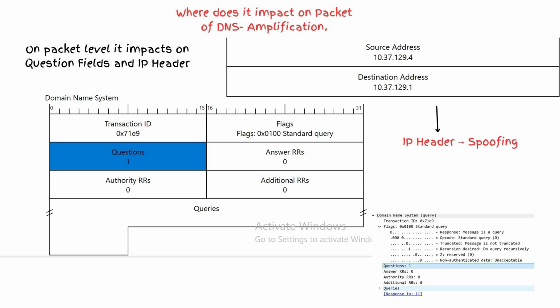So by doing this, with hundreds of thousands of misconfigured open resolvers, attackers can amplify their small efforts into overwhelming floods against unsuspecting targets, saturate their internet connection and bring down their services completely.